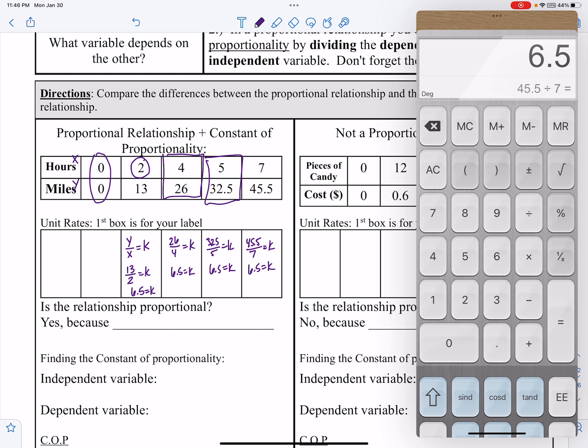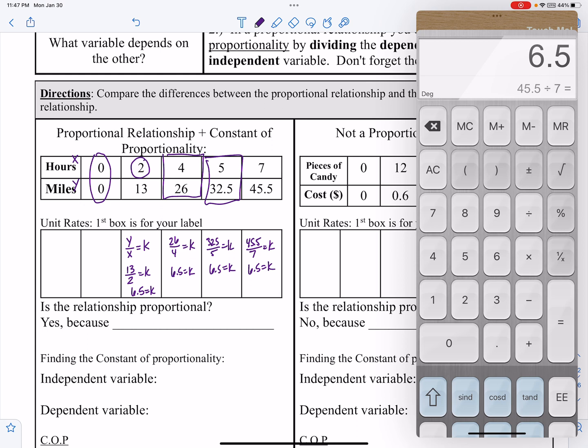So since our multipliers, or our constant of proportionality, are the same for all of these, technically that means they also have the same unit rate. These are all proportional. So this is a proportional table. So is the relationship proportional?